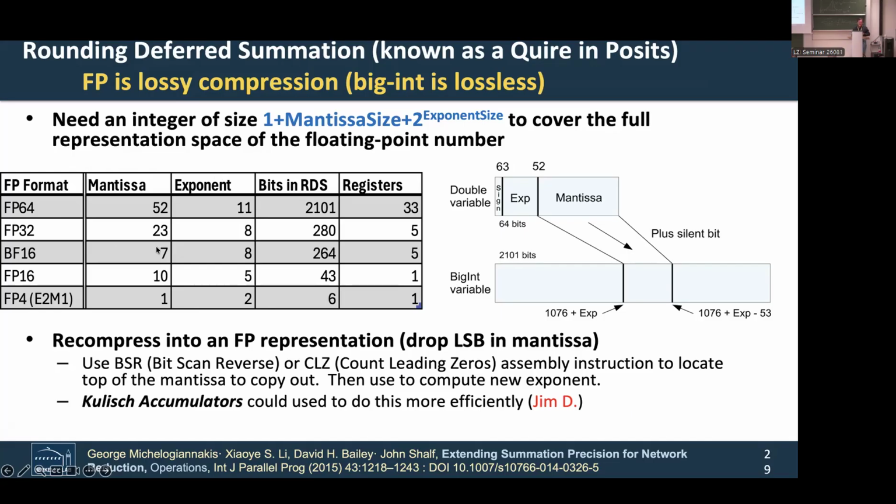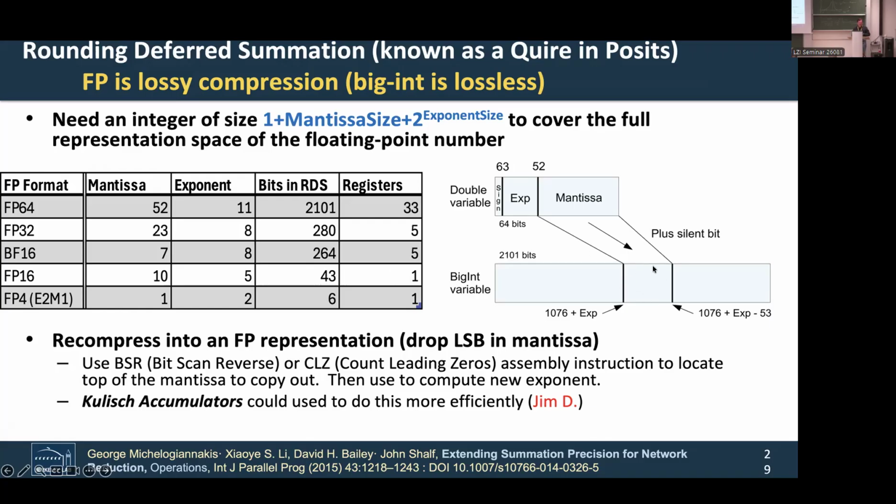You can look in this table here. For FP64, you need a 2101-bit integer register to represent the entire state space. For FP16, you can do it in a single 64-bit register, it's 43 bits.